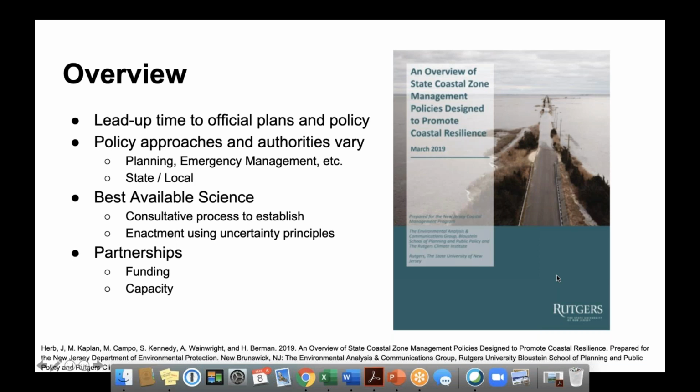And then also thinking about the ways that they use that science around concepts of uncertainty, right? There are states, localities, and jurisdictions that use a precautionary principle.